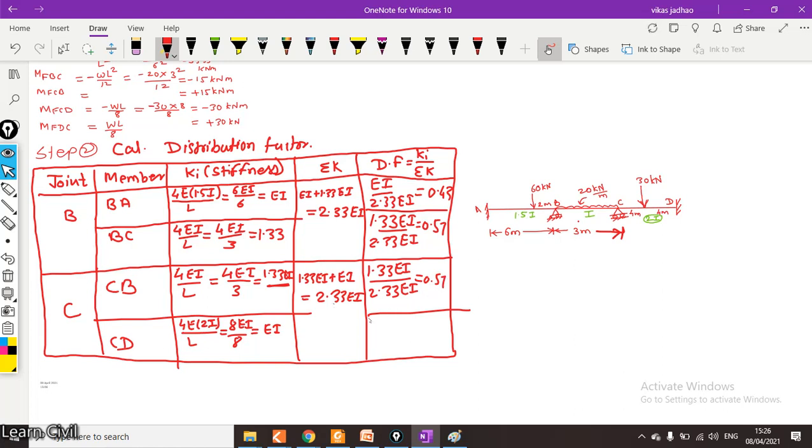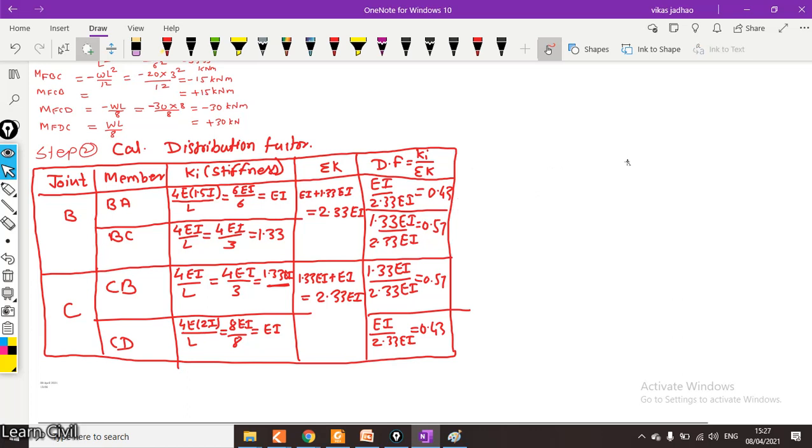Similarly, for CD it will be EI divided by 2.33 EI, which is equal to 0.43. So this is how the distribution factors are calculated.